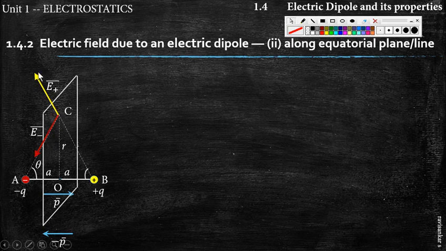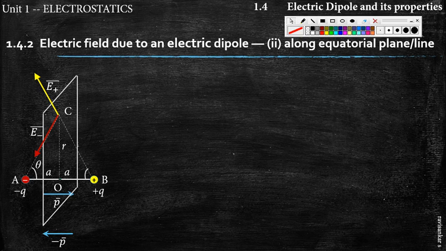Are they different? No. Their magnitudes are equal because this point C is equidistant from A as well as B. So the magnitudes will not change, but the directions are different. We have now found out E plus and E minus vectors independently.